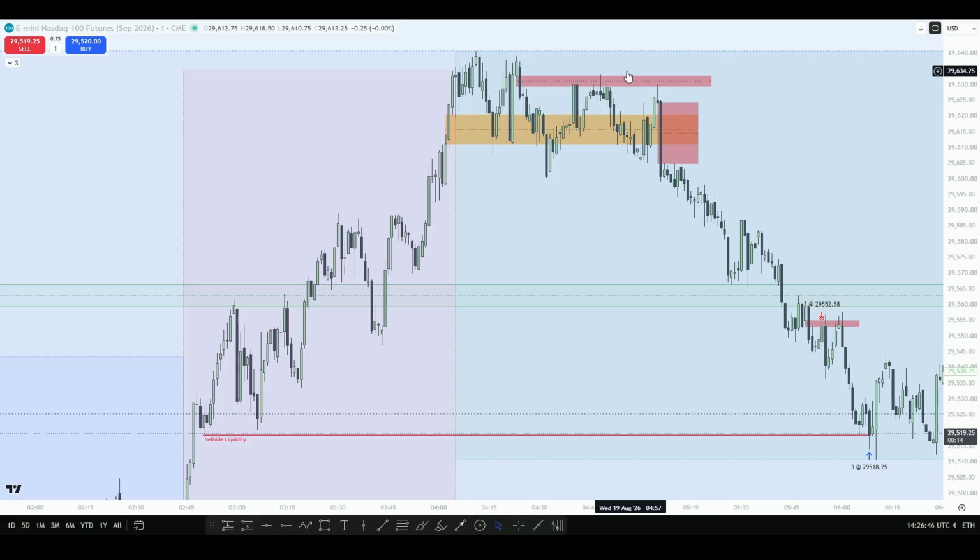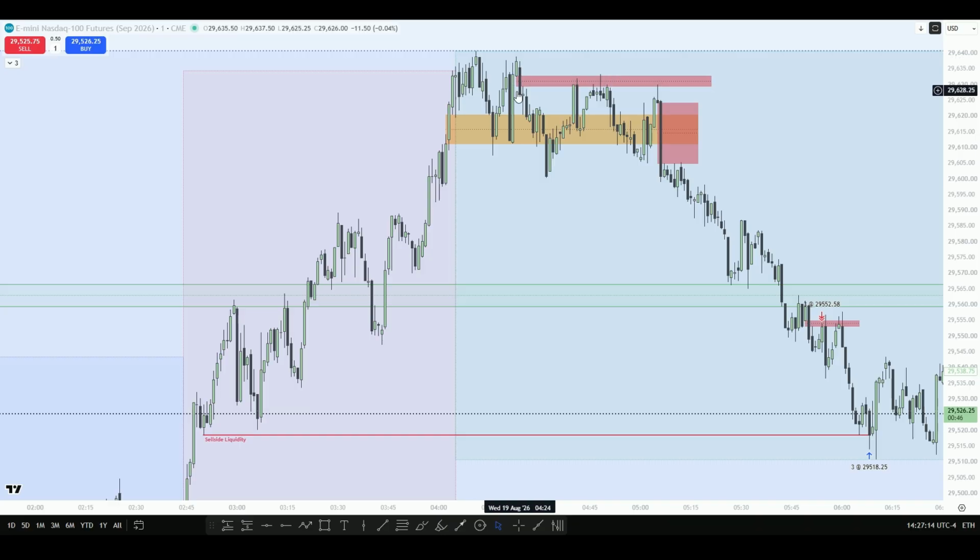So all these reversals occur the exact same way. This is the framework in which these reversals happen. Okay, so after we had the market structure shift here below this low, we go back all the way to this rejection block and this order block, and then we displace.